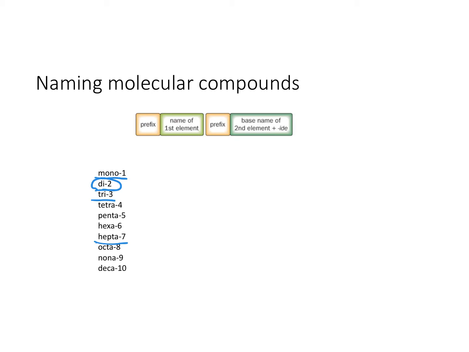As I mentioned, sodium chloride is the example I asked you to memorize for ionic compounds, and carbon dioxide, which is CO2, is the example for molecular compounds. That helps you remember the rules in the exam.